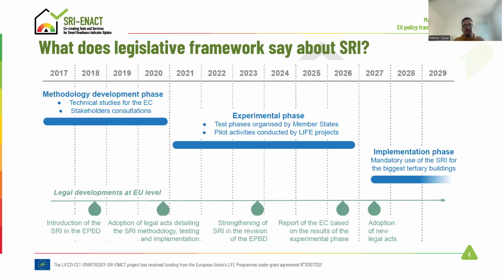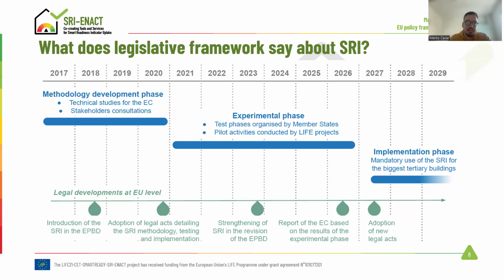In other terms, the Smart Readiness Indicator and this whole topic started back in 2017, when the SRI was introduced into the EPBD, and throughout the years it was a matter of developing the methodology, doing the studies, doing the stakeholder consultations, up until last year, when the revision of EPBD took place, where the Smart Readiness Indicator was strengthened.